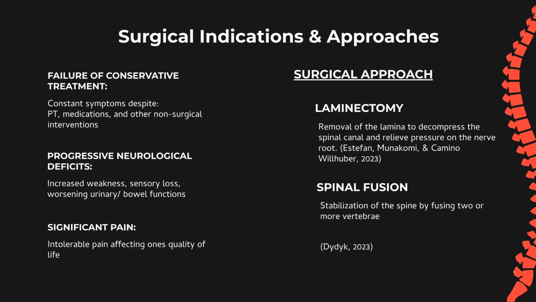And then you can just overall have significant pain, intolerable pain affecting your quality of life. Thus, you would approach it with either a laminectomy, which is basically the removal of lamina to decompress the spinal canal and relieve the pressure on the spinal nerve root, or you can do a spinal fusion, which is basically the stabilization of the spine by fusing two or more vertebrae.